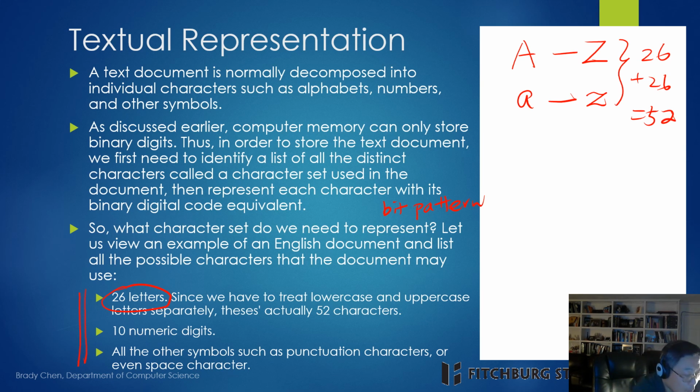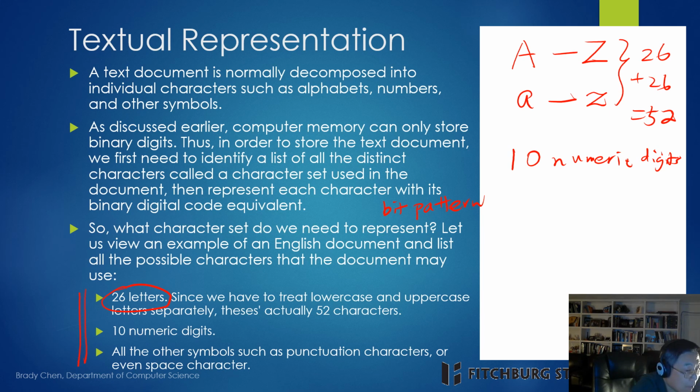And we also need to represent 10 numeric digits. Why do we want to represent numeric digits, because they are already digits? Remember, we only use binary numbers in the computer system.